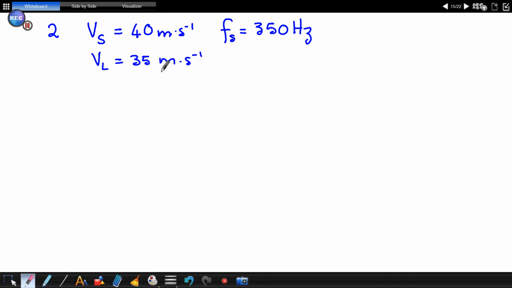Am I right? Calculate the frequency of the sound waves observed by the robber. Okay, to sketch the situation, you've got the source and you've got the listener. What's the source doing? The source is moving towards the listener. What's the listener doing? Moving away from the source. So you get the idea.